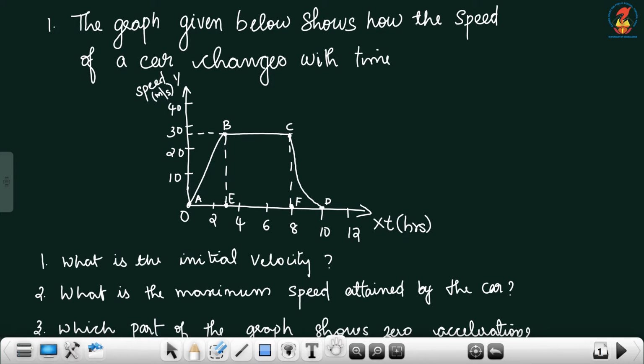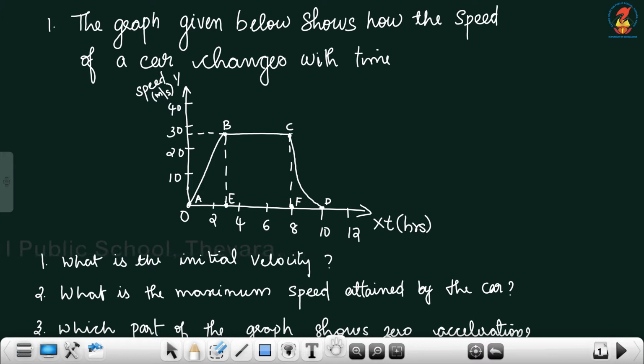Speed is represented along the y axis, and time is represented along the x axis. Here the graph starts from this point O, then A, B, C, D, E, F. O means the origin.